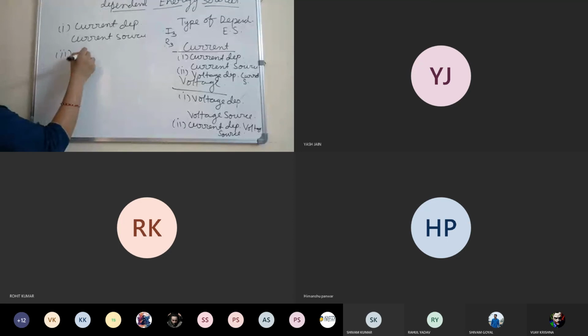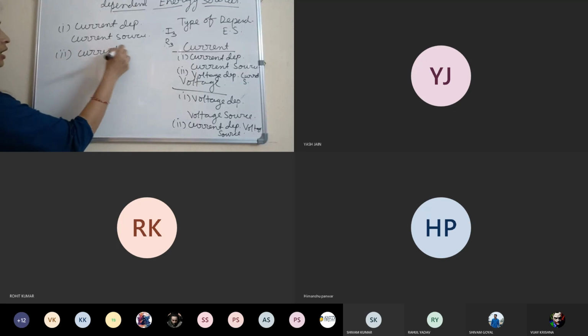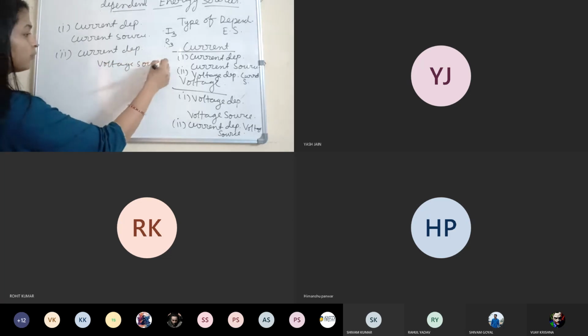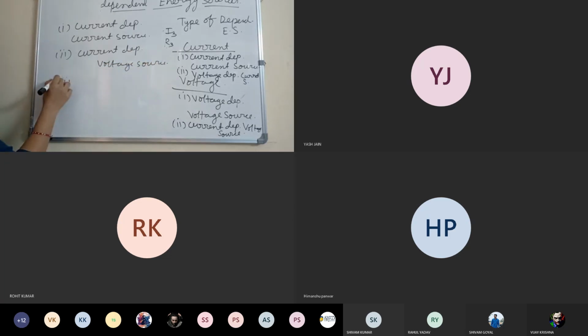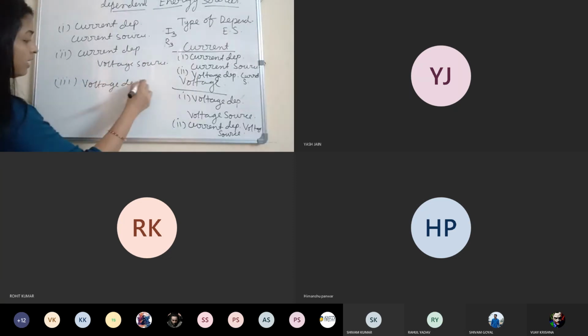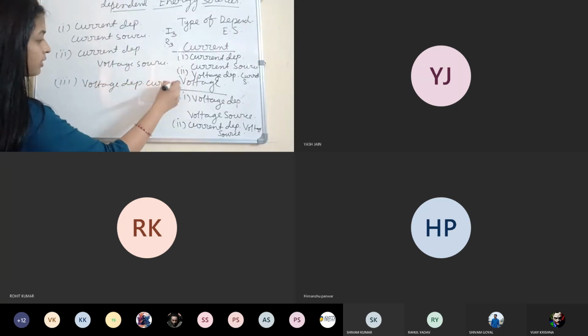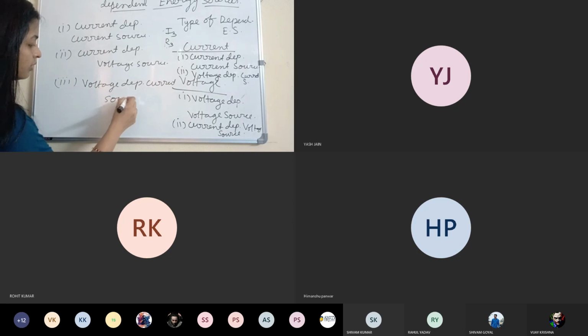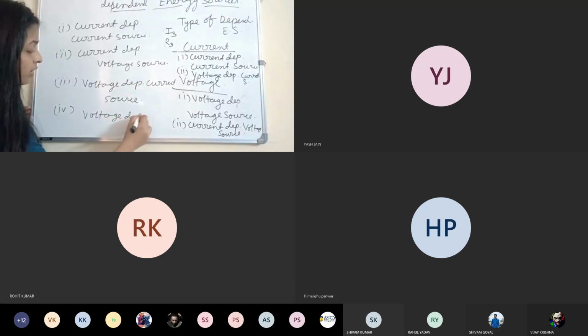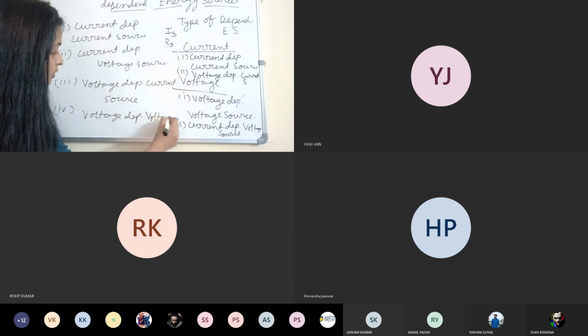Second is current dependent voltage source. Third is voltage dependent current source, and fourth is voltage dependent voltage source.